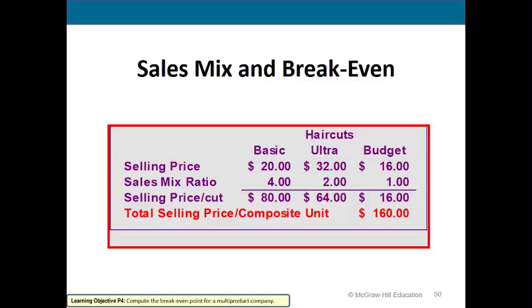There's your selling price per cut for each. The total selling price per composite unit is the sum of all 3 of those selling prices per cut. So 80 plus 64 plus 16 equals 160.